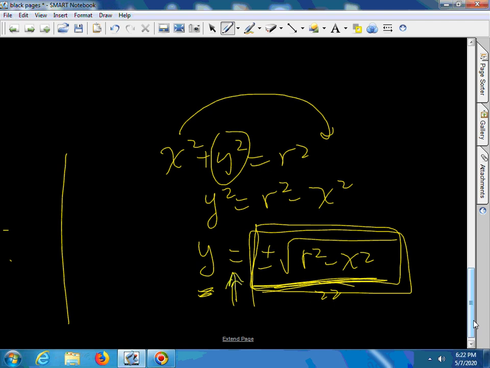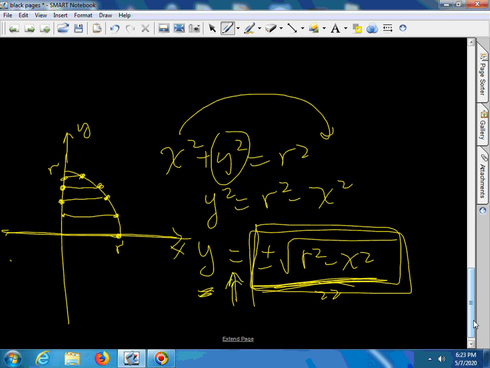Now let's see. Now we only want that portion of the circle. Clearly, the y values are all positive because they're all above the x-axis. This y value is here, and this y value is what's marked on the y axis there and here, and here it can be 0.